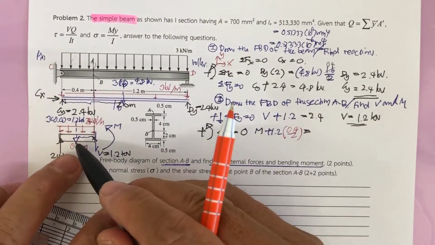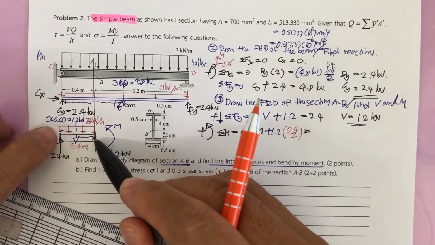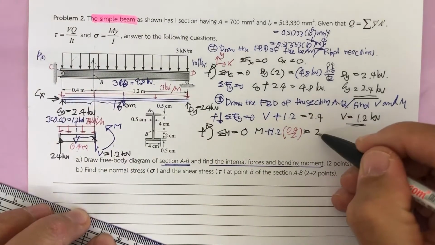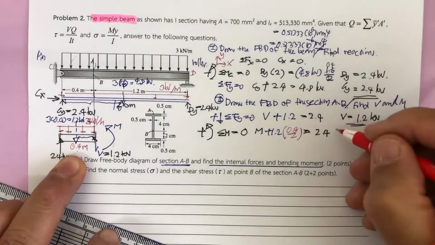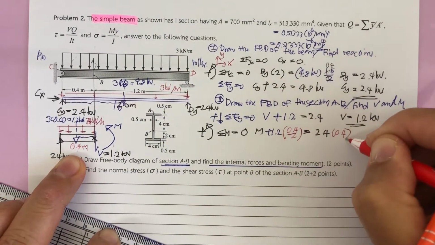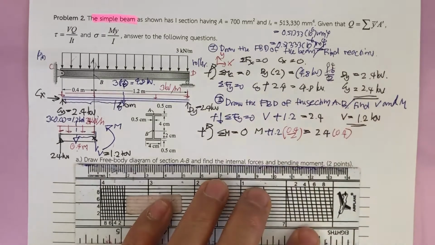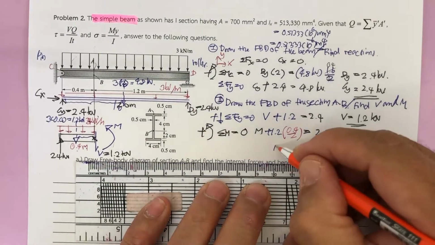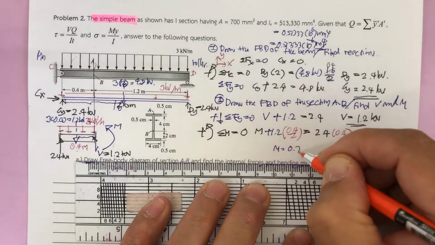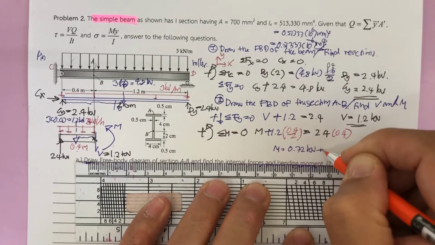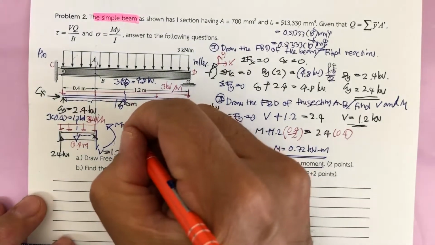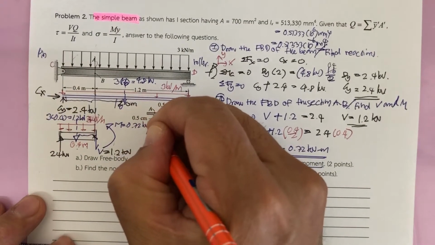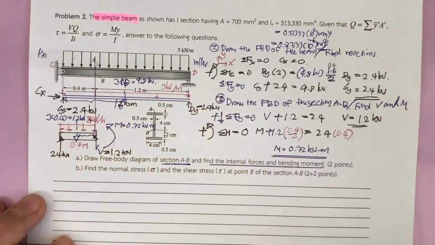This is counterclockwise, this is counterclockwise, this is clockwise, 2.4, times the distance here of 0.4. By putting them together, we will get the moment of 0.72 kilonewton meter. That is going to be 0.72 kilonewton meter.